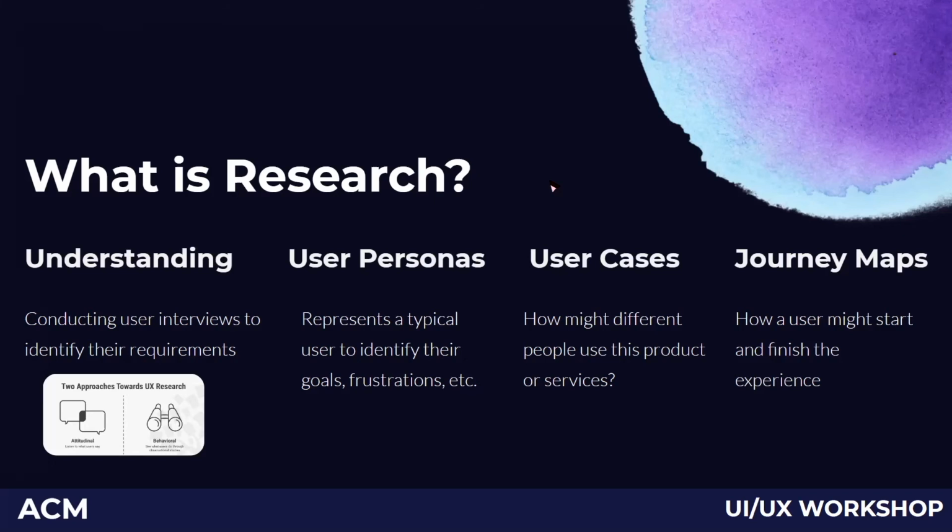The third step is the use cases. How might different people use this product? So comparing a teenager to an older person, you're going to target people who are older and not teenagers, right?